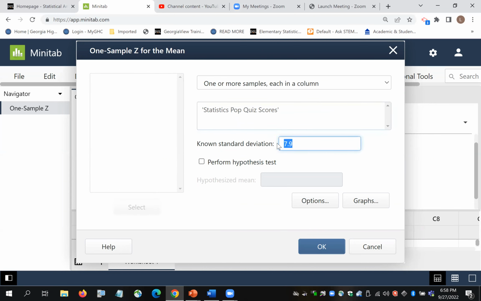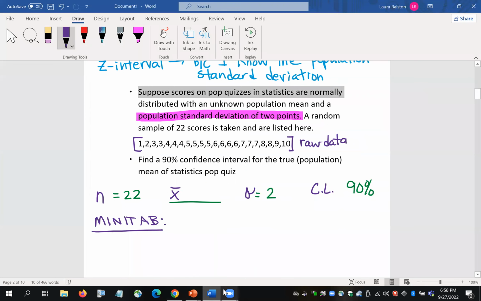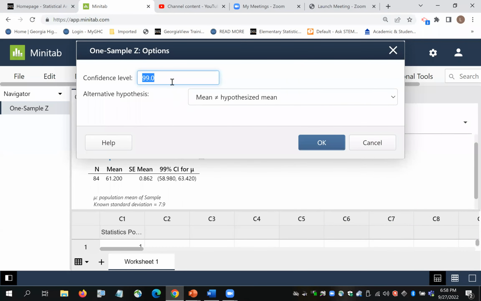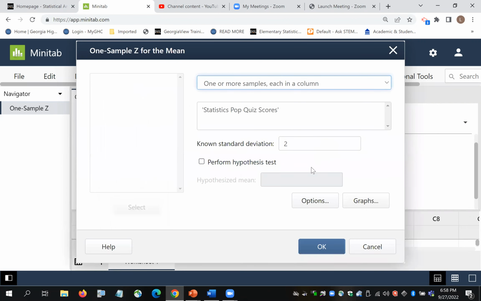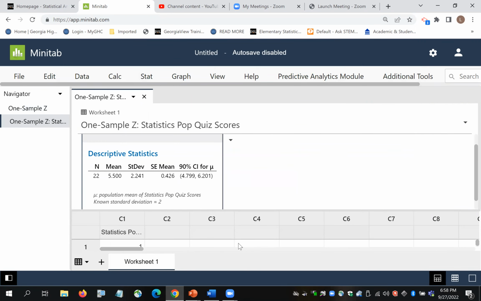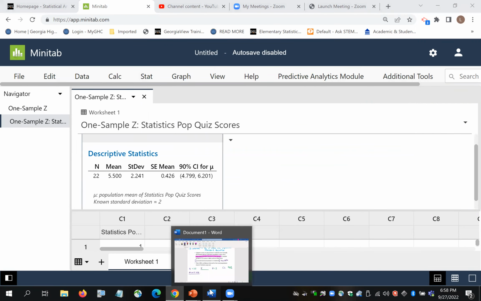I have to enter my population standard deviation known, which was 2. I choose Options. I want a 90% confidence level. Again, my alternative hypothesis is not equal. Leave it alone. I click OK and OK.